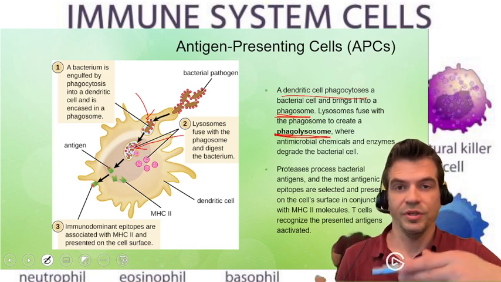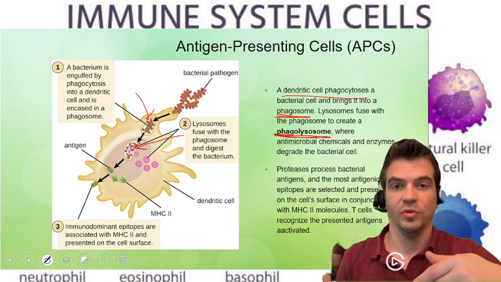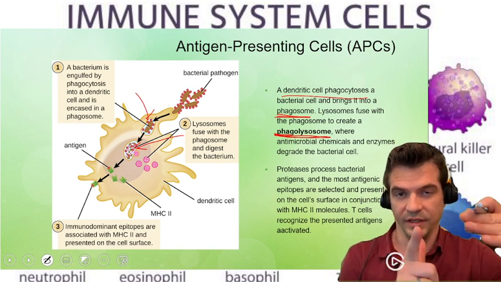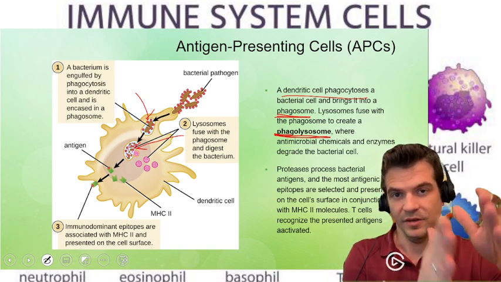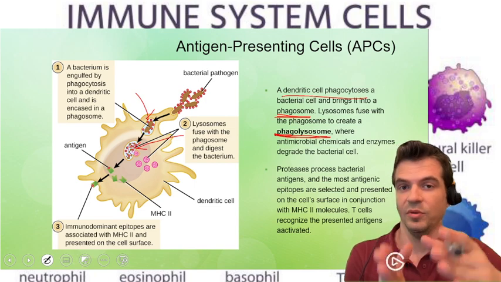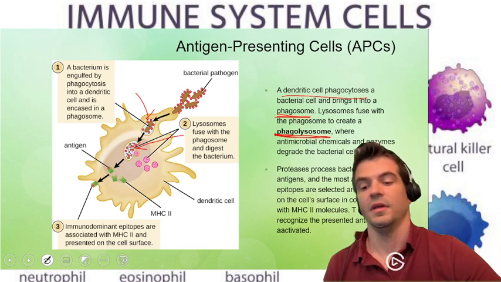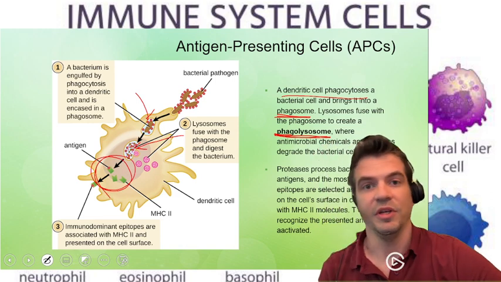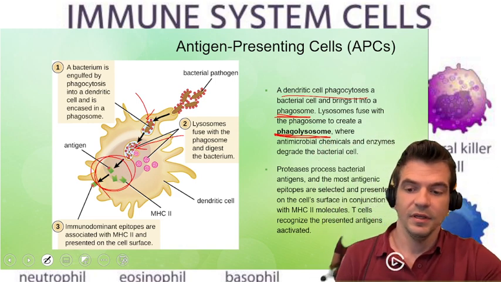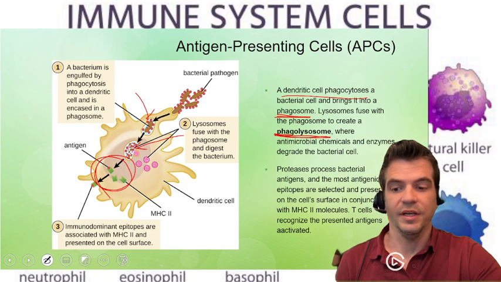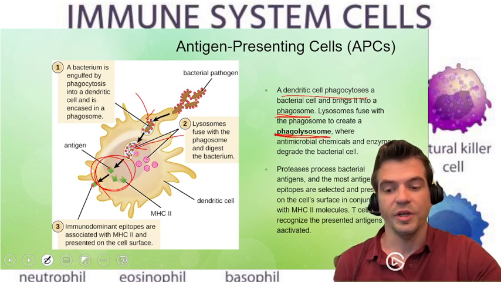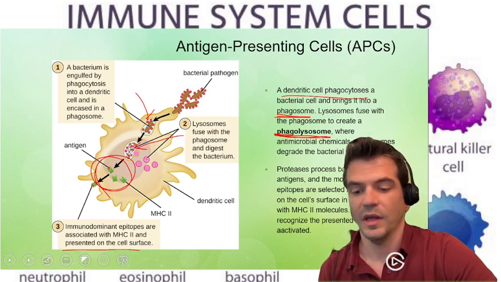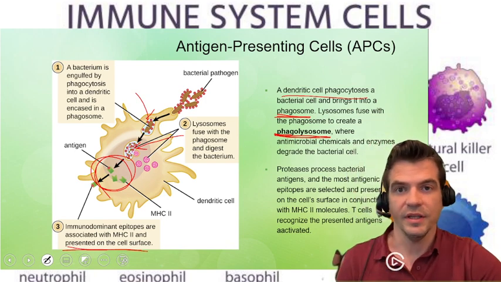During the destruction, antigens are produced. Hey, we recognize this as an antigen. This reacts with a component of our immune system, and let's put that on our MHC2. So we're going to send it out, put it onto our MHC2, and we will present that.